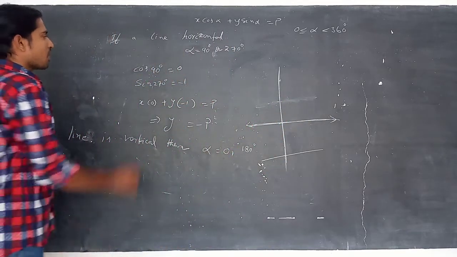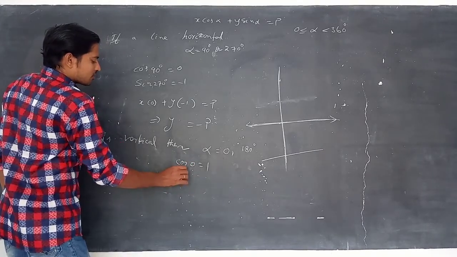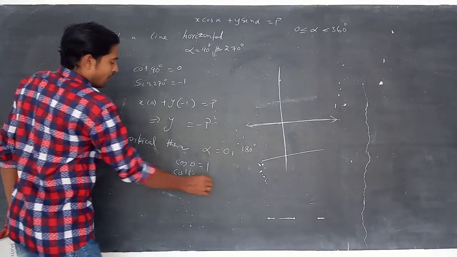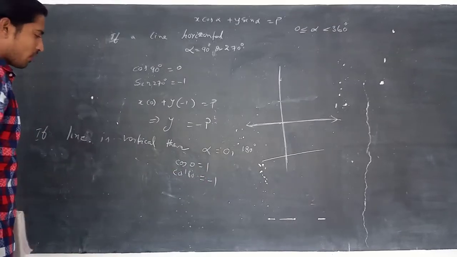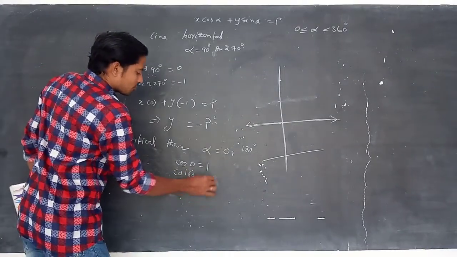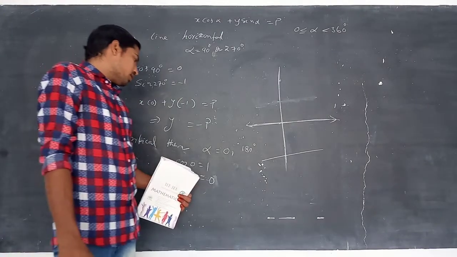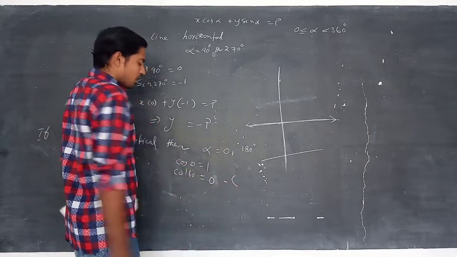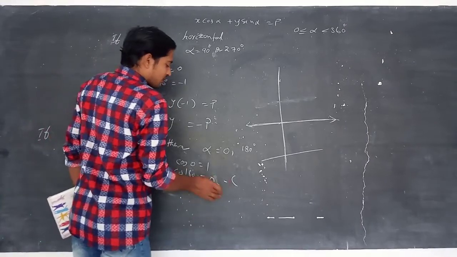Then cos 0 equal to 1 and sin 0 is equal to 0, and cos 180 degrees is equal to minus 1 and sin 180 is 0.